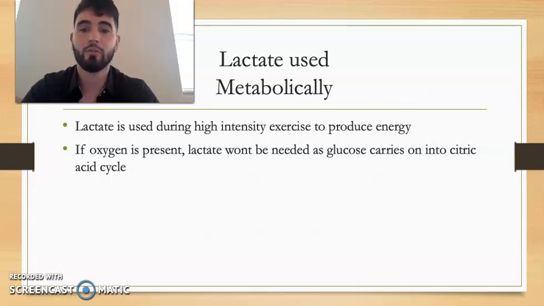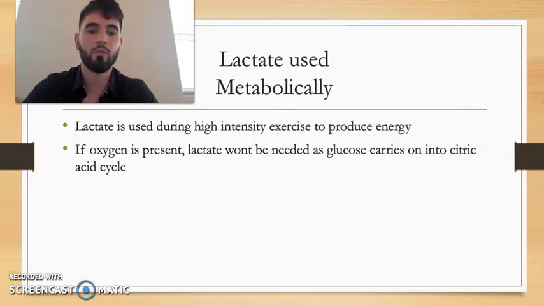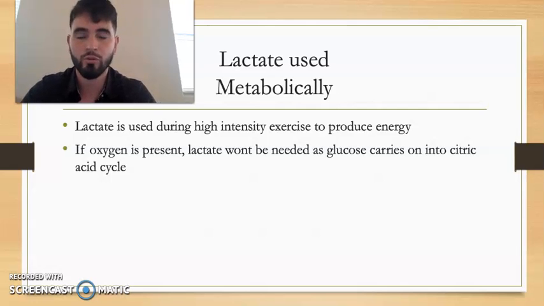Again, it is very important to remember that lactate only happens because there is no oxygen there, and usually that means you're doing a high intensity exercise and having a hard time getting air into your muscles. If oxygen is present, lactate won't be needed, as glucose carries on to the citric acid cycle, as we went over in our Cap 1 assignment, and then it'll go on to create more ATP and so on.